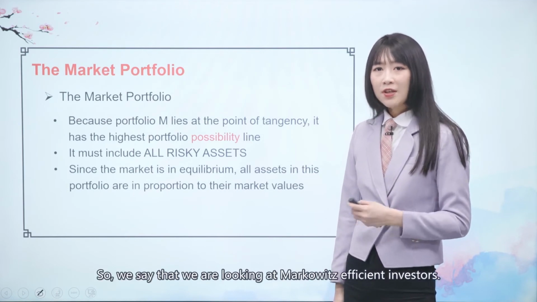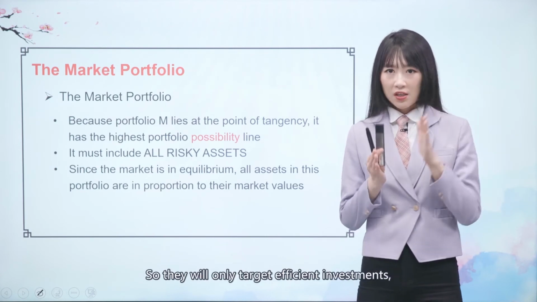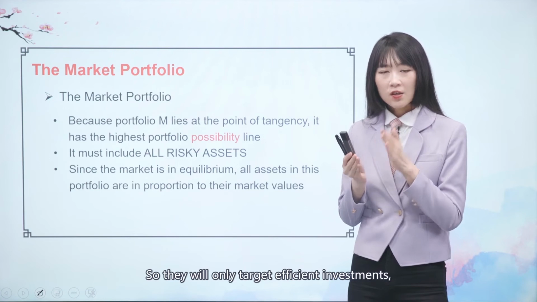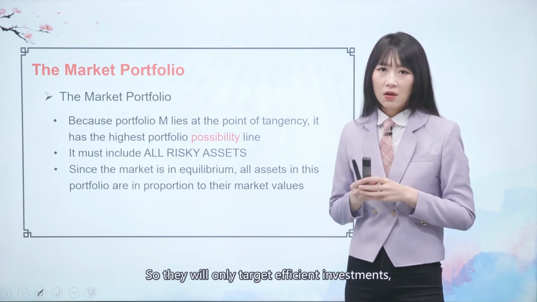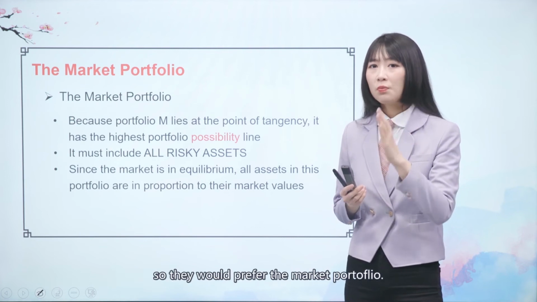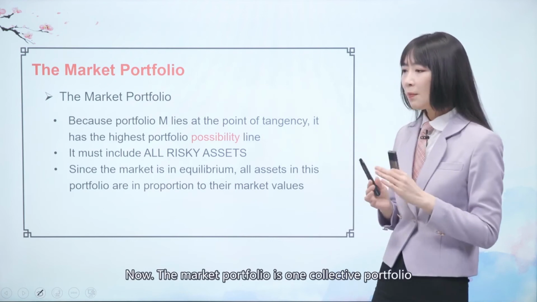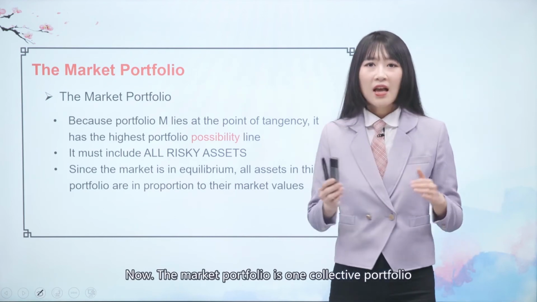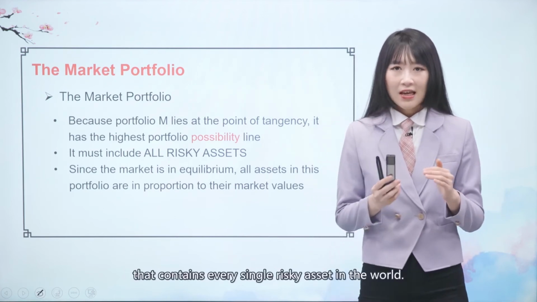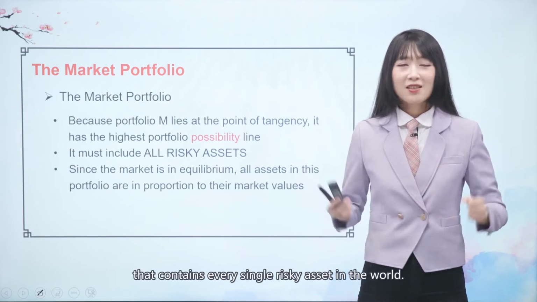So, we say that we are looking at market efficient investors. They will only target the efficient investments, which especially give them the highest level of efficiency. So, they would prefer the market portfolio. Now, the market portfolio is one collective portfolio that contains every single risky asset in the world.